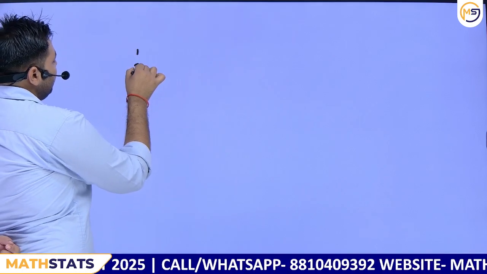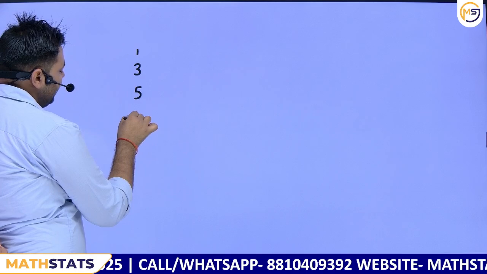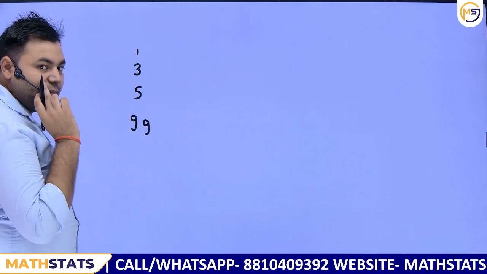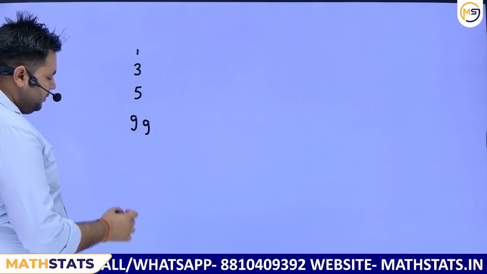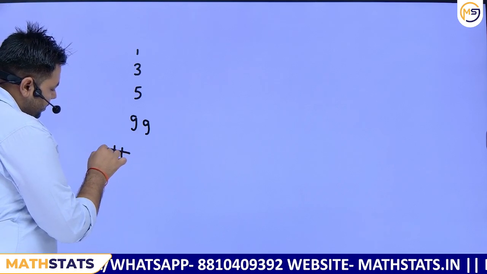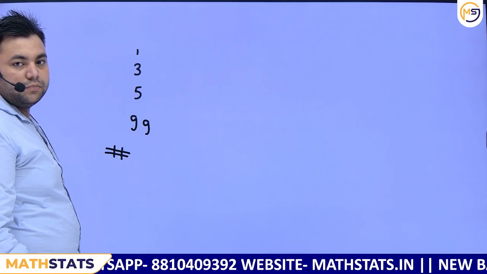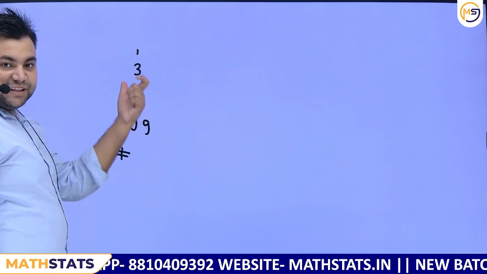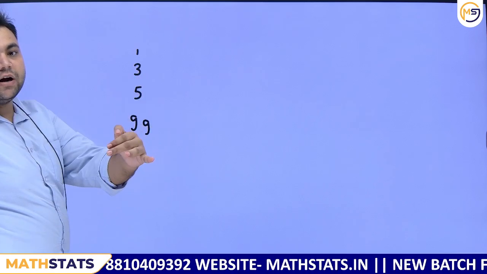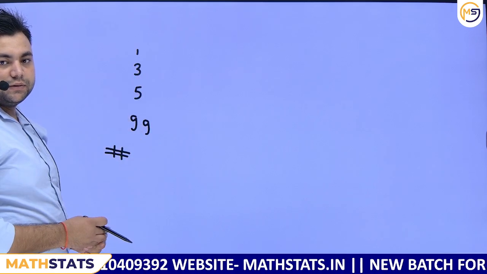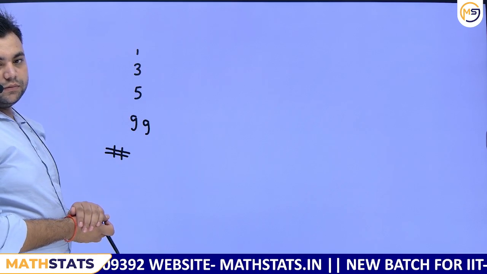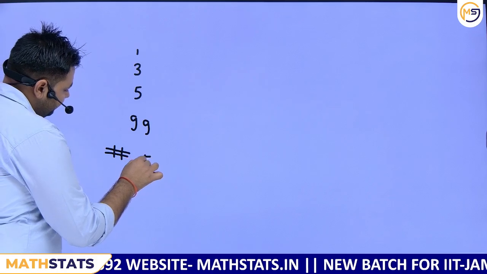So this is the 1, 3, 5 series. How many terms are there in this series, 1, 3, 5, 7 and so on up to 99? 50, okay, 50.